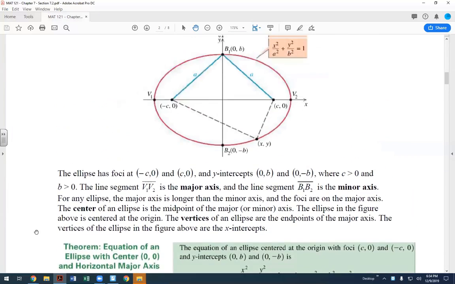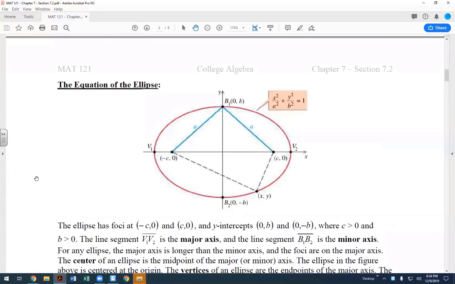So looking at some terminology here, we use the letter C to identify where the focus is going to be. When it's positive C, of course, you're looking at the positive side of your graph. Negative C, so we usually label our foci as (C, 0) or (negative C, 0). We use B in this case to talk about the y-intercepts, and the V1, V2 that they're calling it here is going to be your x-intercepts.